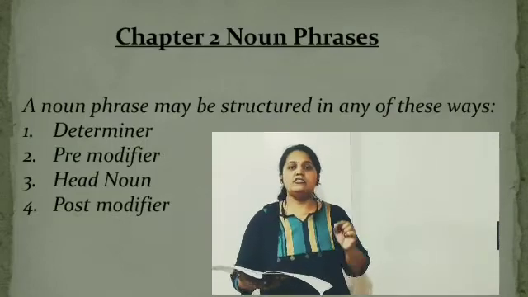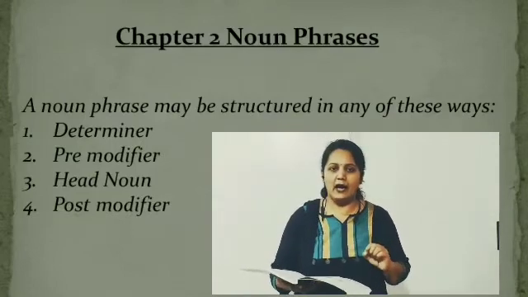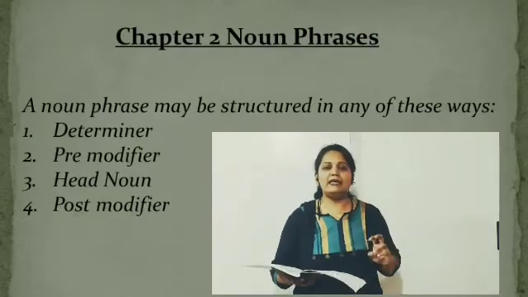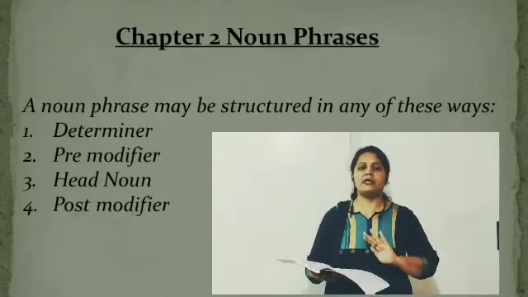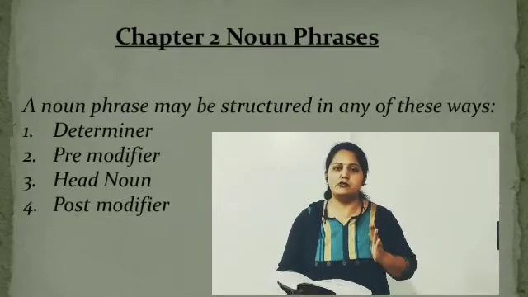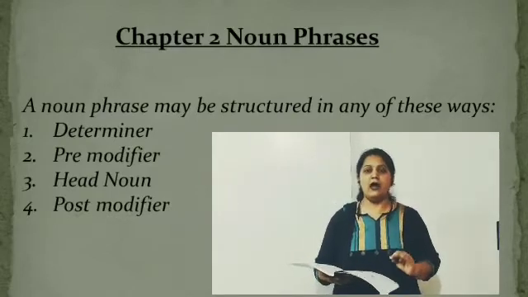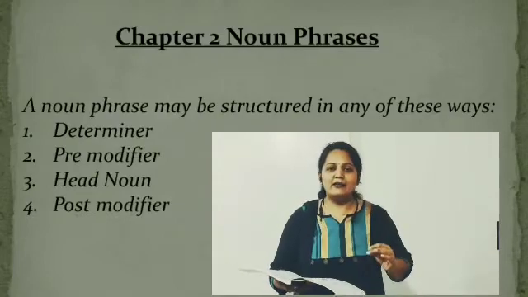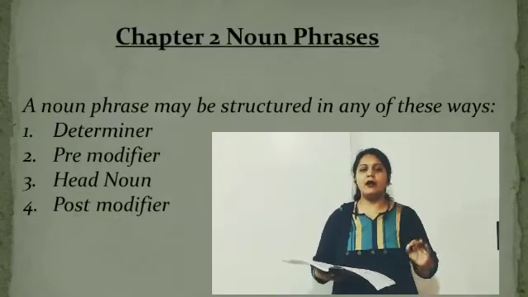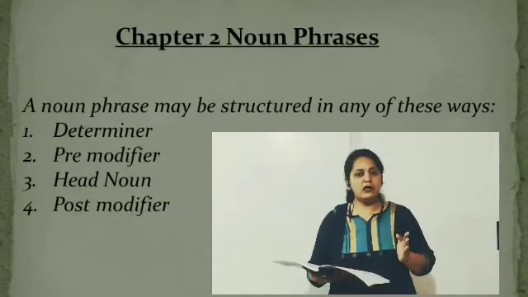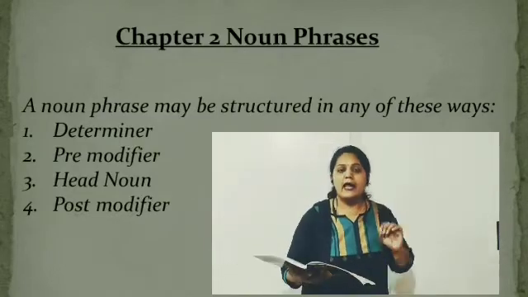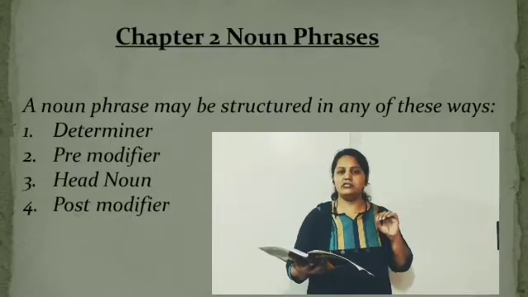Here, child is the head noun, and before child the word Indian is placed, so it is called a pre-modifier. Before Indian, an article, or the determiner, the, is placed. So the is the determiner, Indian is the pre-modifier and child is the head noun.